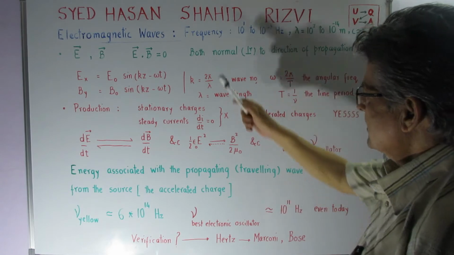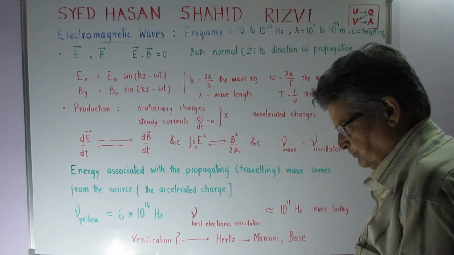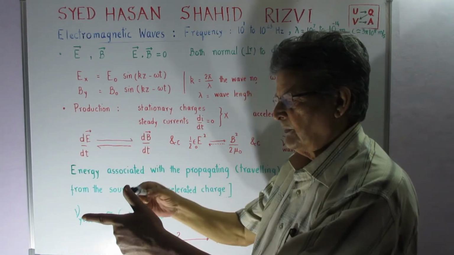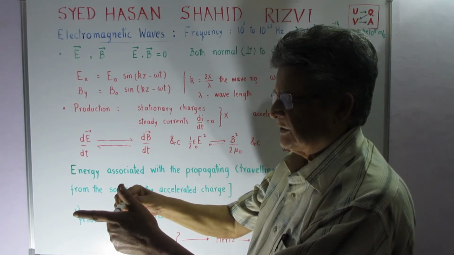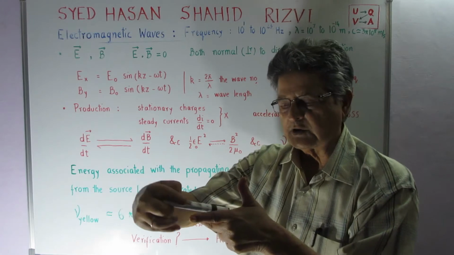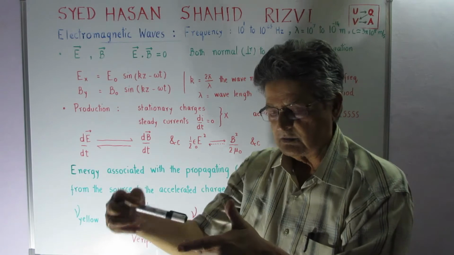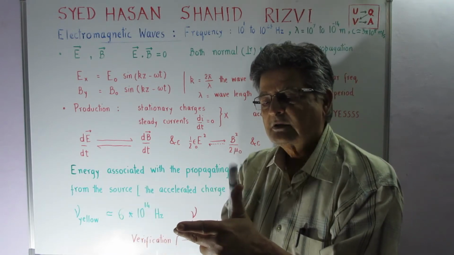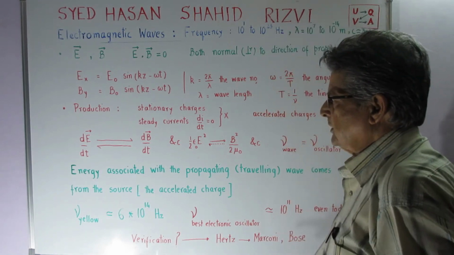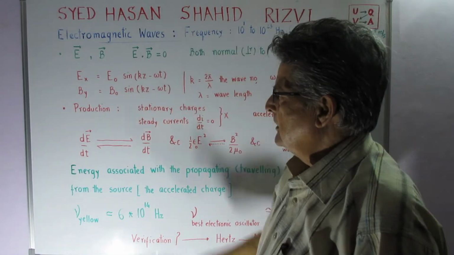And both of them, E and B, are normal to the direction of propagation. So there are all three directions which are possible. Direction X, for example, you take for the electric field, direction Y for the magnetic field. They are together, and then the direction Z is the direction of propagation, which is evident from this.